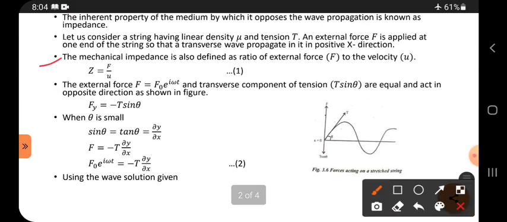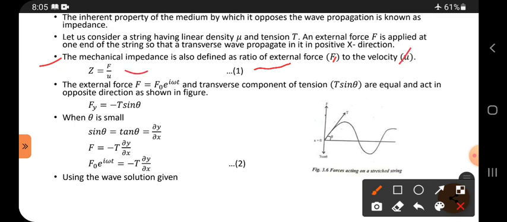Now according to this syllabus, a definition is there. The mechanical impedance, or simply impedance, is defined as the ratio of external force F to the velocity.